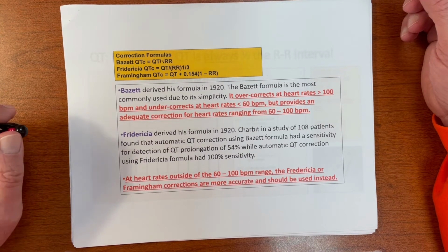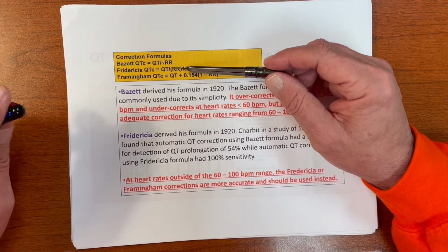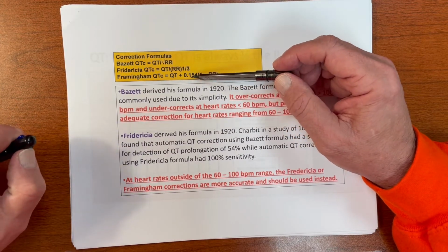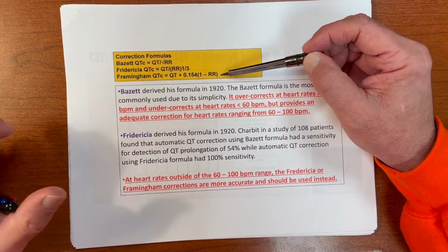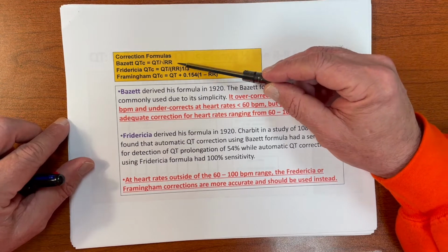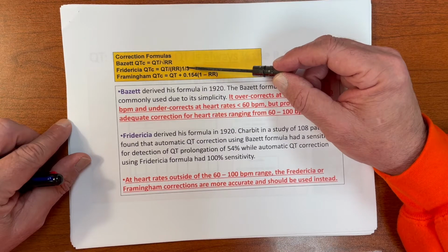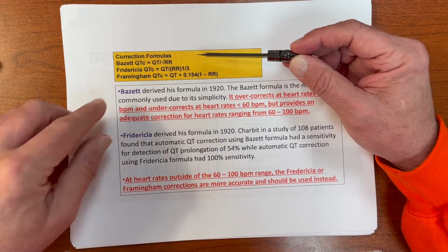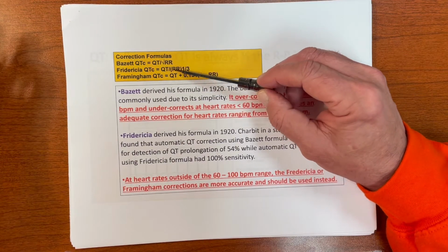You'll see 3 names come up: Bazett, Fridericia, and Framingham. I have never personally in my whole life used Framingham. I typically use Bazett, but how do we decide which one to use? Remember, all you're going to do is put in a value in your device. MD Calc will do this calculation for you.